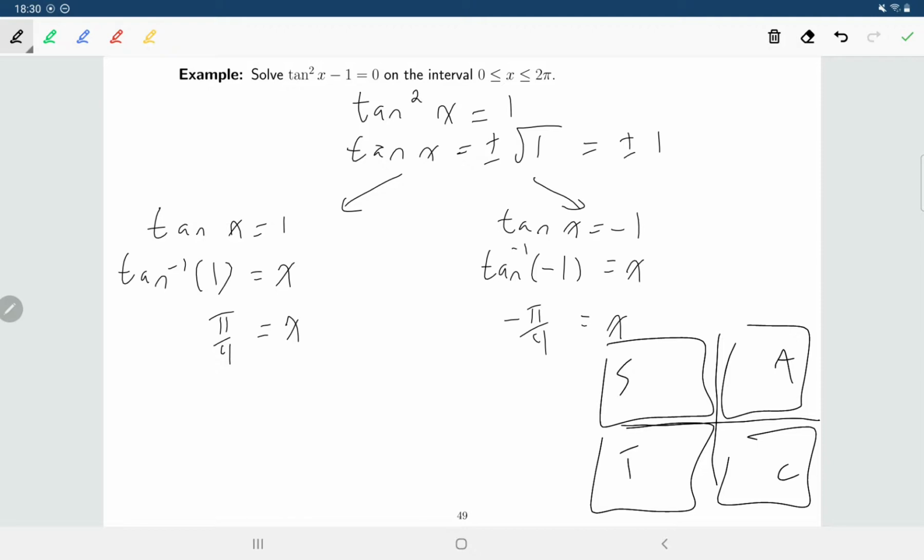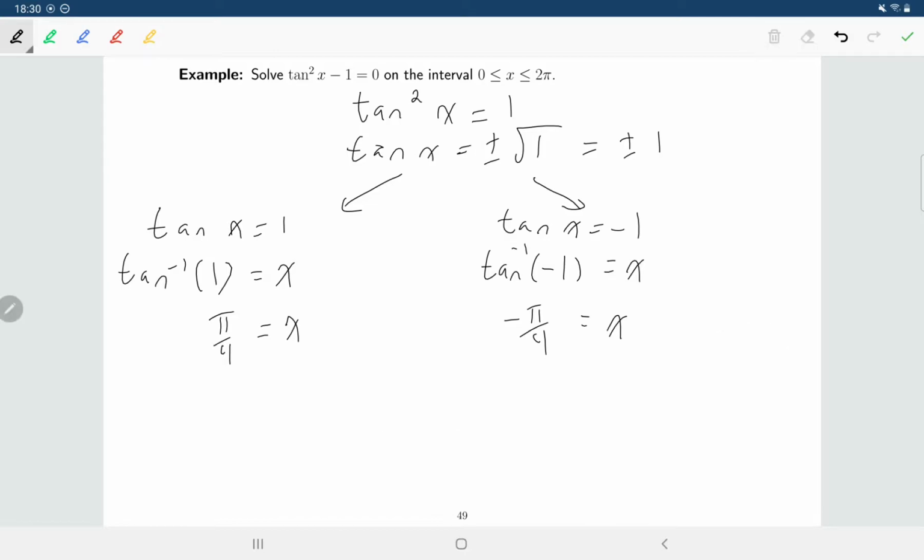And the one thing that we know is that all of these angles, they're all going to have the same reference angle of pi over 4. So the ones that give us a positive value for tangent, those have a reference angle of pi over 4. The ones that give us a negative value for tangent, those also have a reference angle of pi over 4.